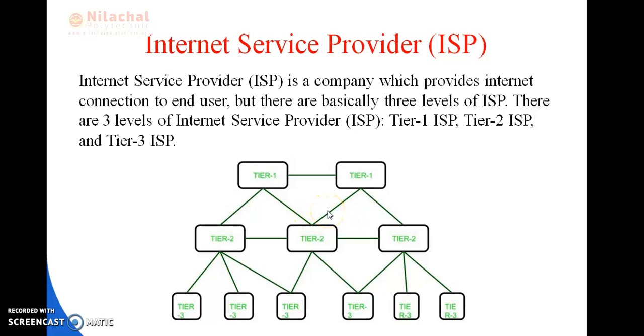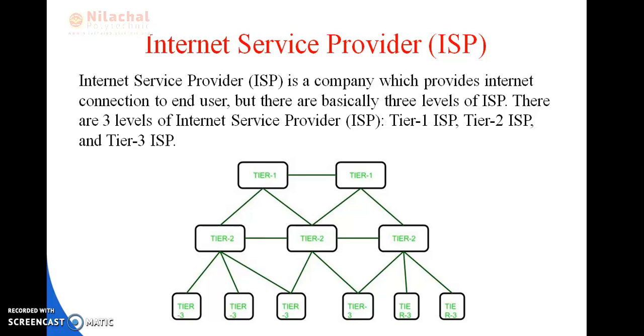Lower tier ISPs have to pay a cost for passing their traffic from one location to another, which is not under the reach of their ISP. Generally, ISPs at the same level connect to each other and allow free traffic passes for each other.